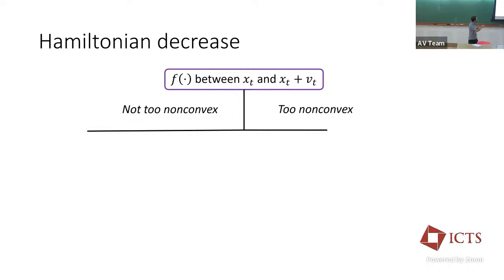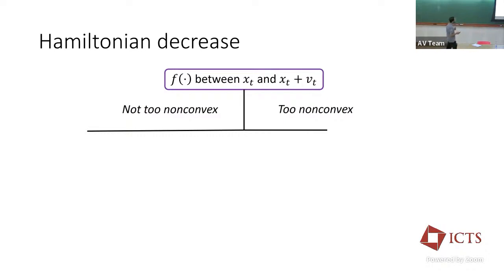If you look at convexity, it basically gives us a lower bound on the function at, say, xt plus vt, dependent on the function value at xt and then the gradient at xt. And we are seeing where this convexity condition is maximally violated. So that only requires gradient computations at xt and function value evaluations at xt as well as xt plus vt.